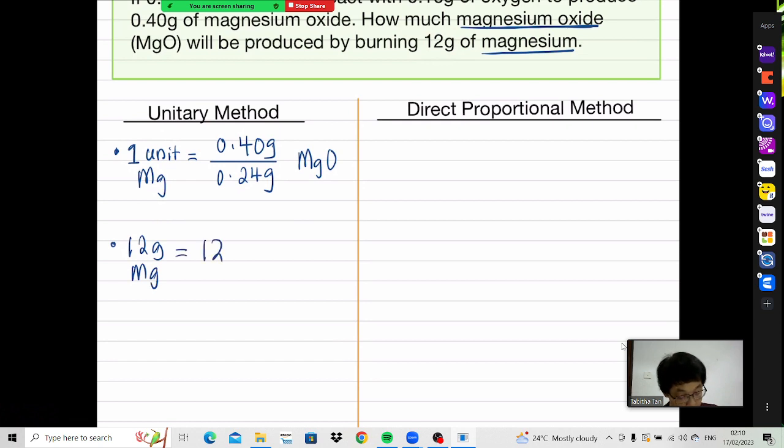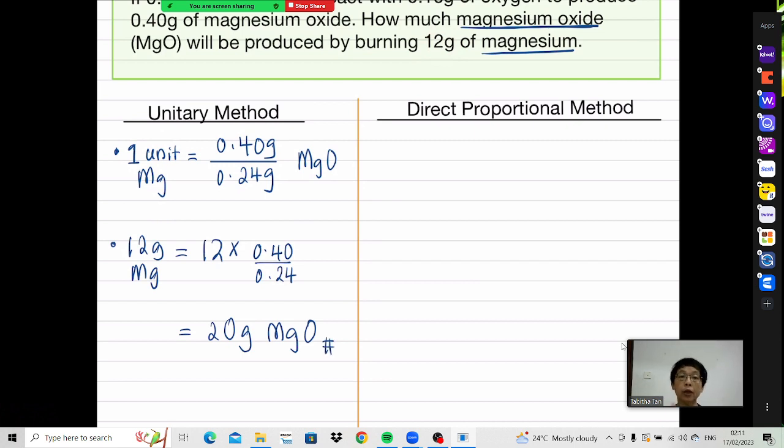You just take 12 times 0.40 divided by 0.24. Nicely, 12 multiply 0.4 and then divide 0.24 and you will get 20 gram of magnesium oxide. And that is the unitary method.